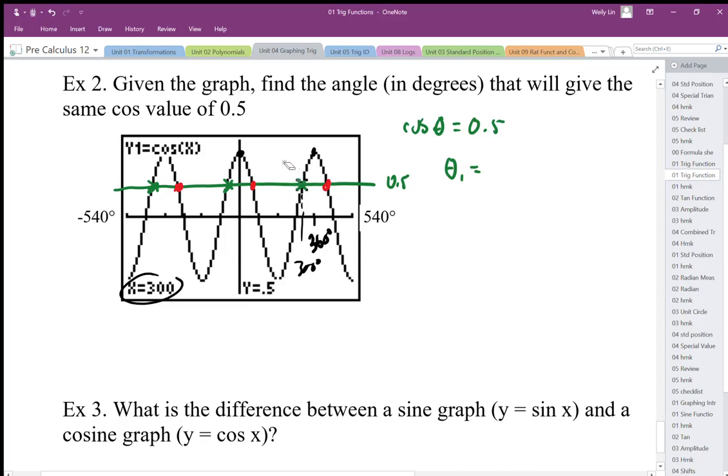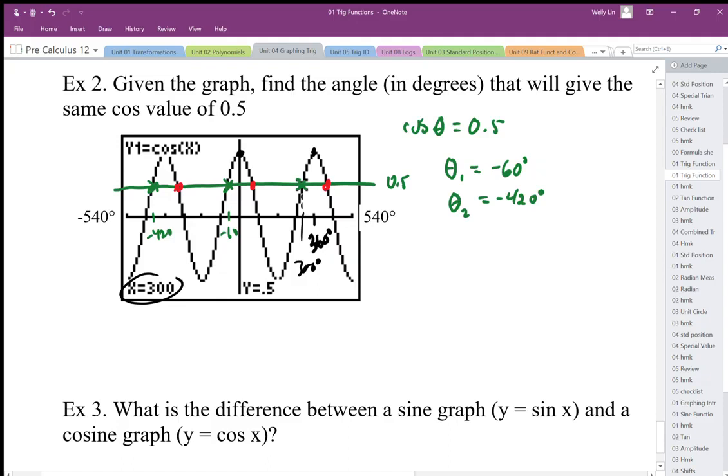If I go backwards 360, I'm at negative 60 degrees. And if I go backwards another 360 from here, I'm going to get negative 420. So there's negative 60. This one's negative 420 degrees, which is about the right spot because that's negative 360 there. So those are my theta 1 positions.